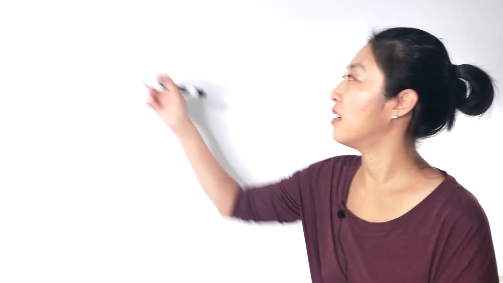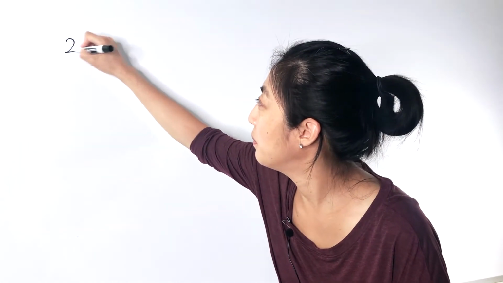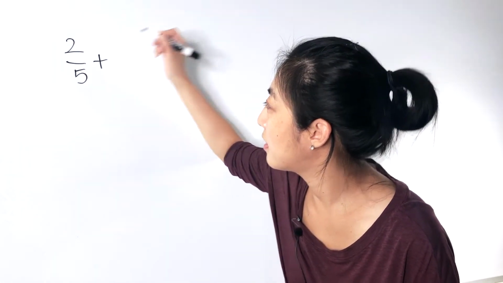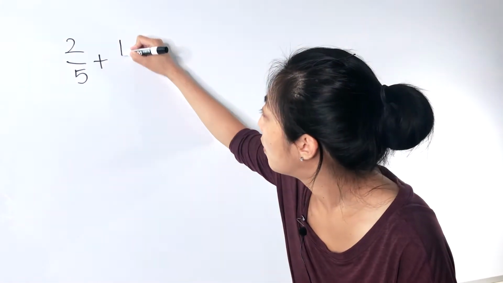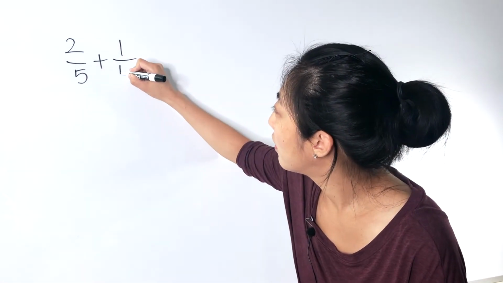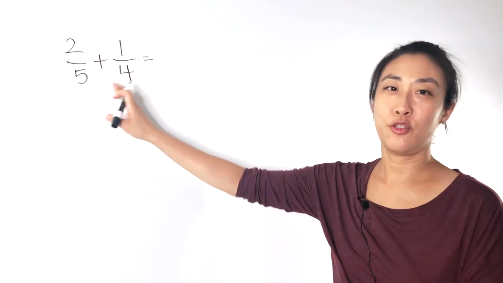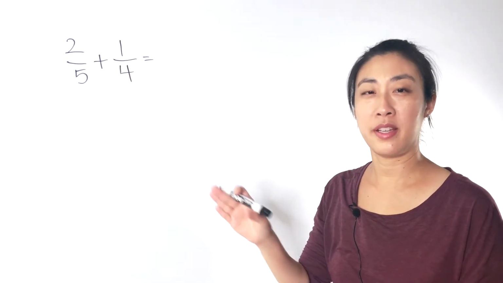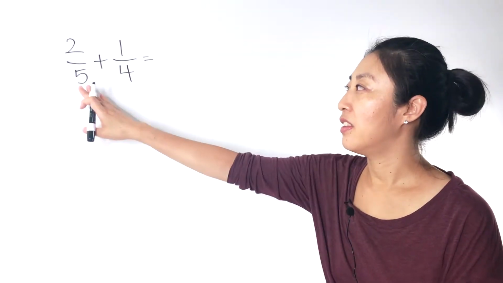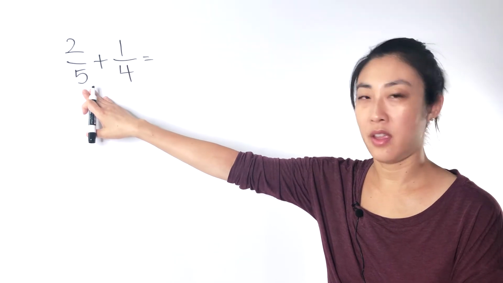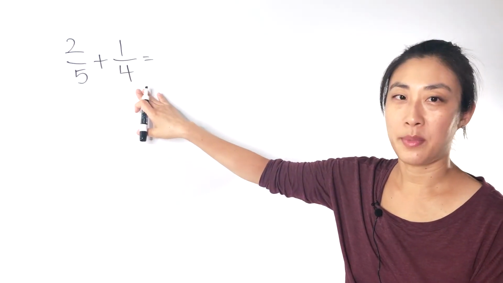Here's an addition problem: 2/5 plus 1/4. These two fractions, different from the examples we did previously, have denominators that are not the same. The first one, the denominator is 5, and the second fraction, the denominator is 4.